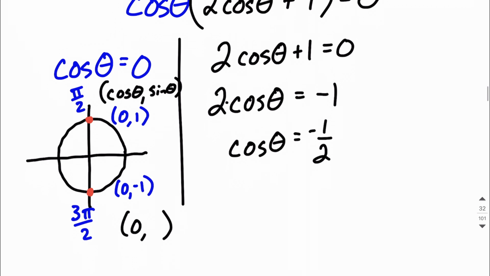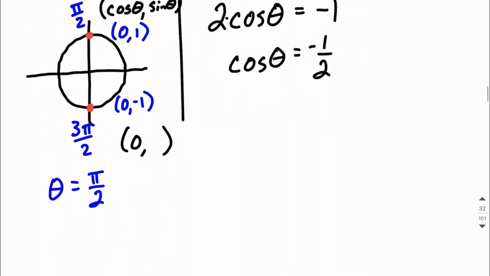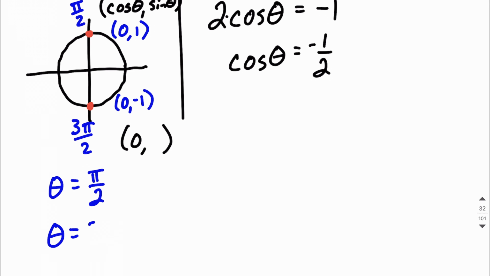All right, so we've got a couple solutions. We know that theta can equal either that top one, pi over 2, or theta can equal 3 pi over 2, the bottom one. Remember our theta is an angle, so it's going to be the angle that goes along with that.